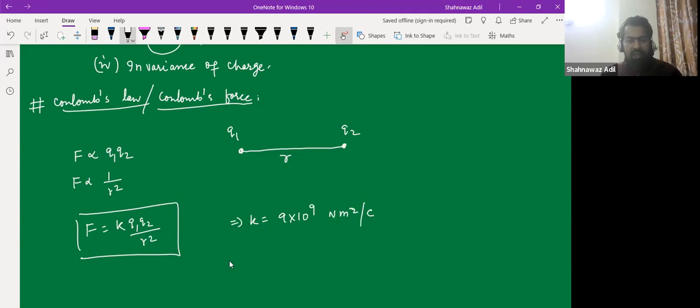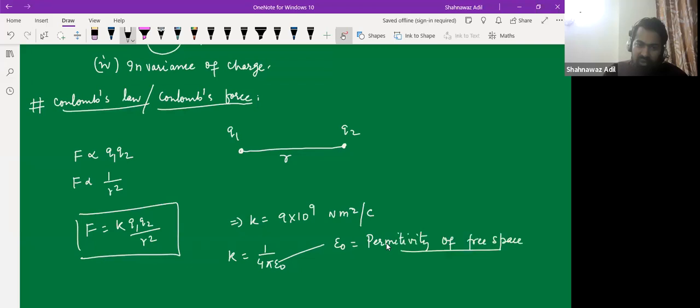This k is 1 by 4 pi epsilon naught, where epsilon naught is the permittivity of free space.